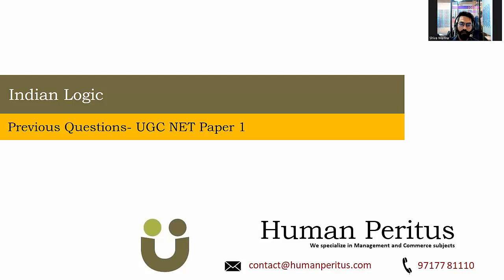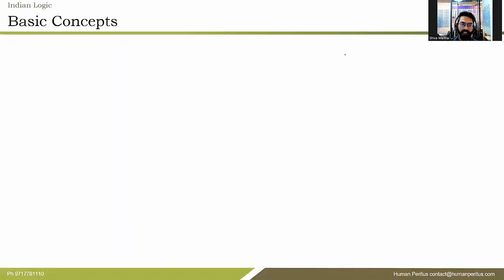All right. So first, let us talk about basic concepts of Indian logic. What actually is Indian logic? Indian logic or Indian philosophical system is nothing but the detailed explanation of how one gets to a particular knowledge, how one can achieve a particular knowledge.